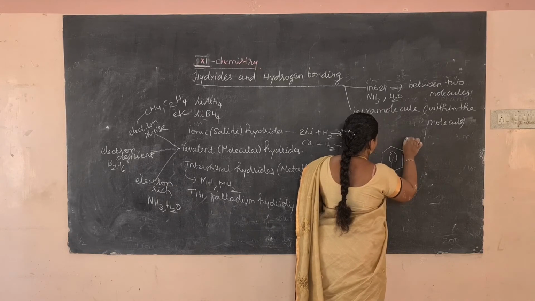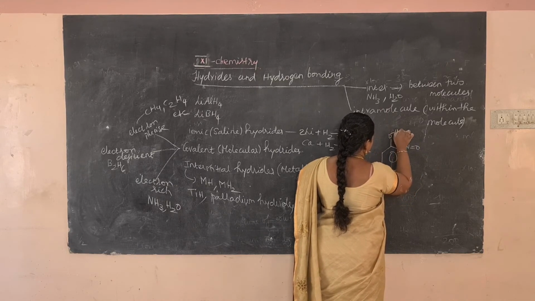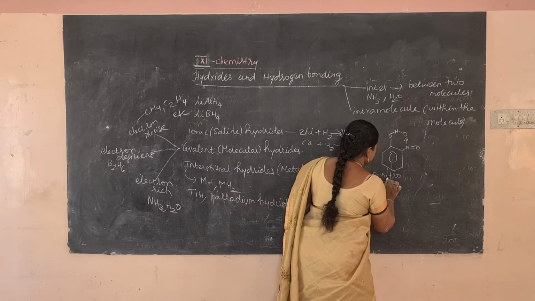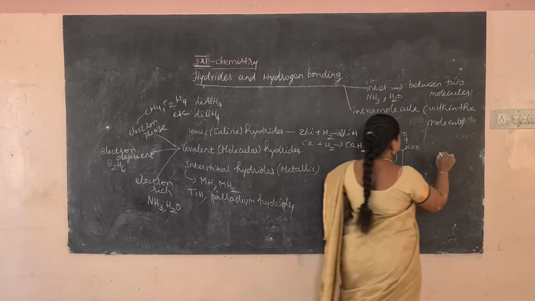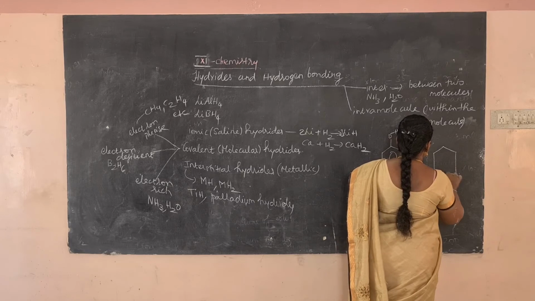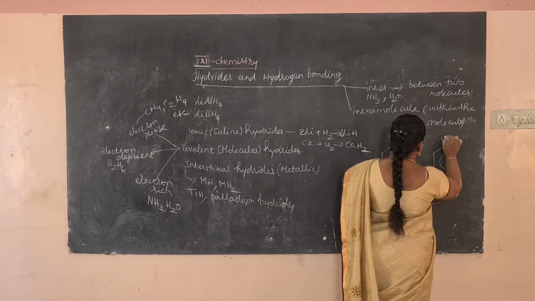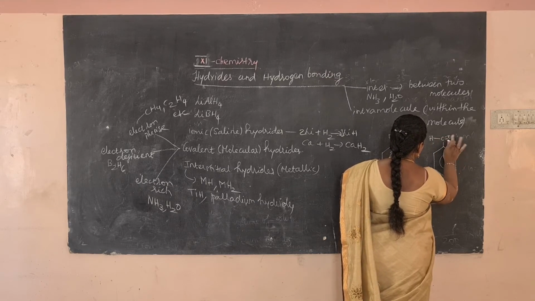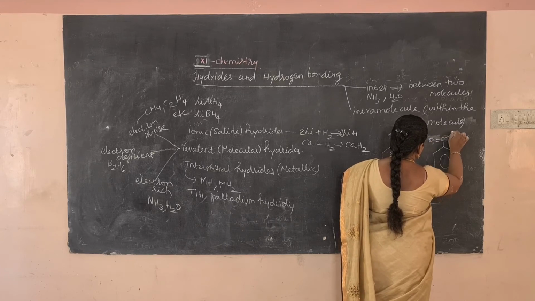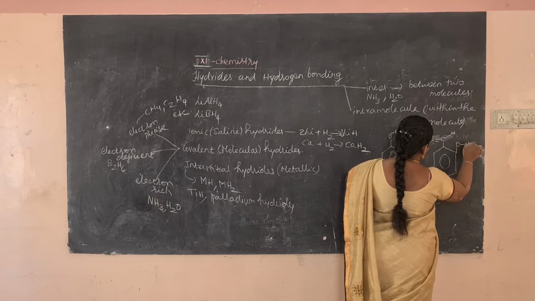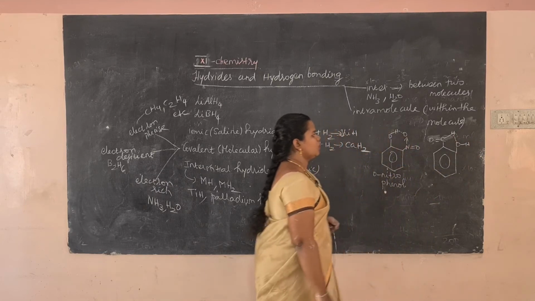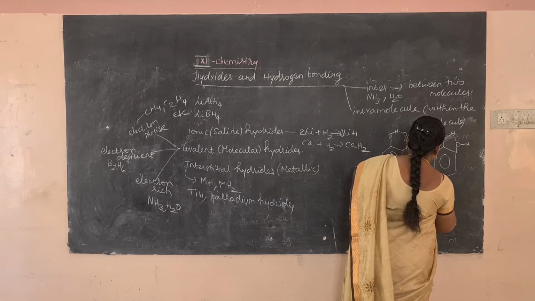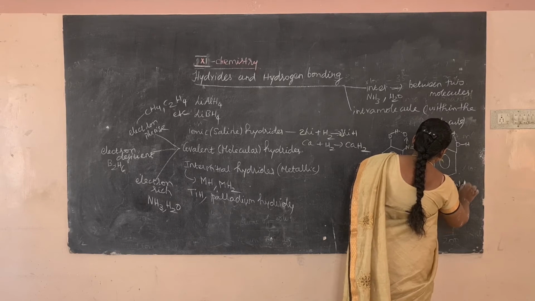We can take orthonitrophenol, and we can also take salicylaldehyde. Salicylaldehyde contains an aldehyde group, CHO, and an alcohol group. That is salicylaldehyde.